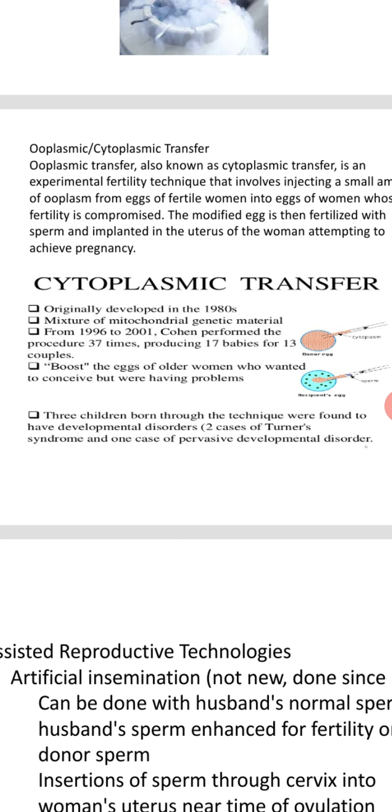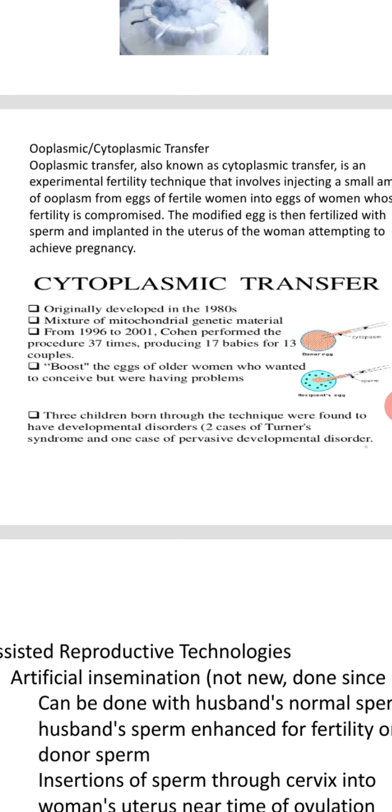It was originally developed in the year 1980, with a mixture of mitochondrial genetic material, and it was from 1996 to 2001 that it was first experimented by Cohen, who performed this experiment 37 times, producing about 17 babies for 13 couples, to boost the eggs of older women who wanted to conceive but were having a problem. So at this time, this technology is very important, that is, cytoplasmic transfer from a potent woman to the impotent woman, or ooplasmic transfer.